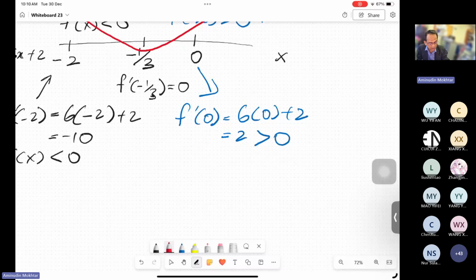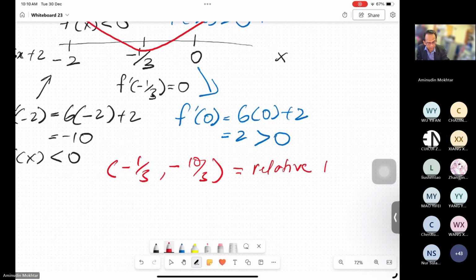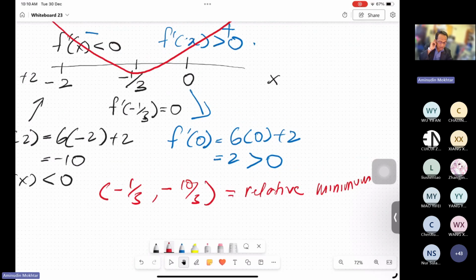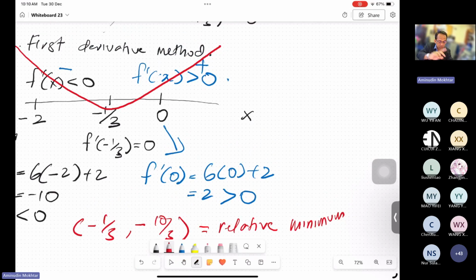What is the critical point? The critical point is negative 1 over 3, and negative 10 over 3 is the relative minimum, because the slope changes from negative to positive.